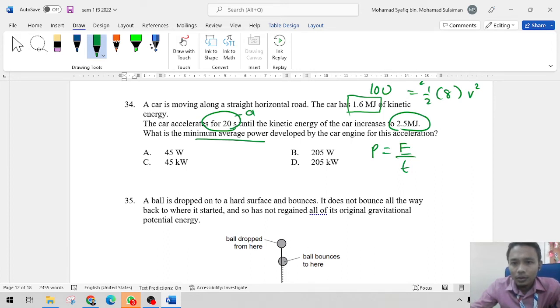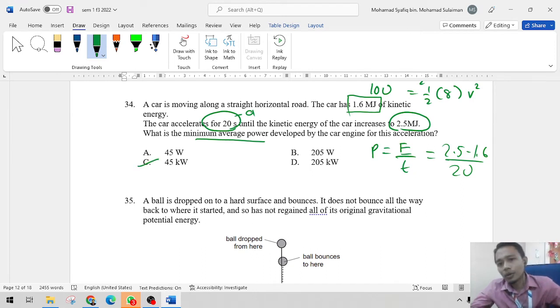So the average power in 20 seconds is 0.9 times 10 to the power of 6, total 45 kilowatt.